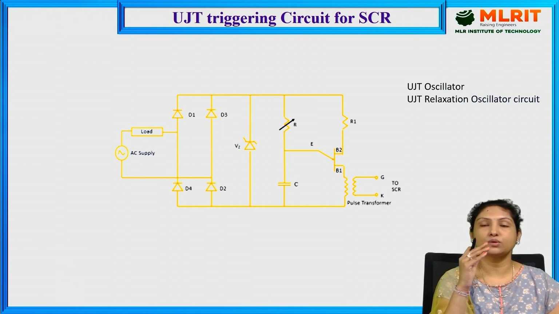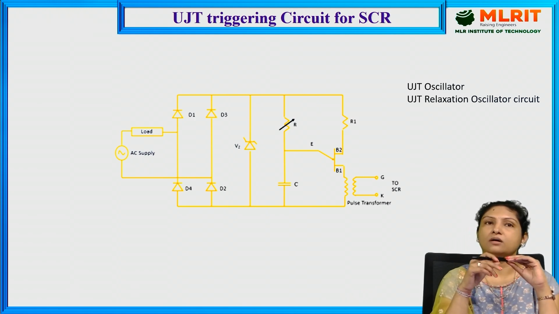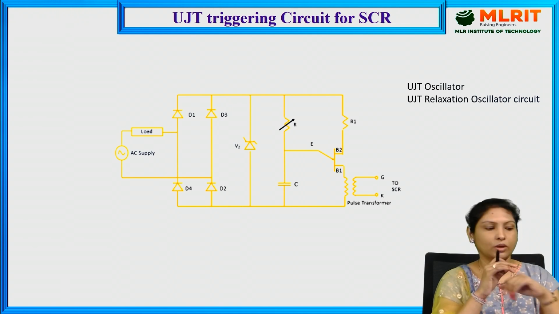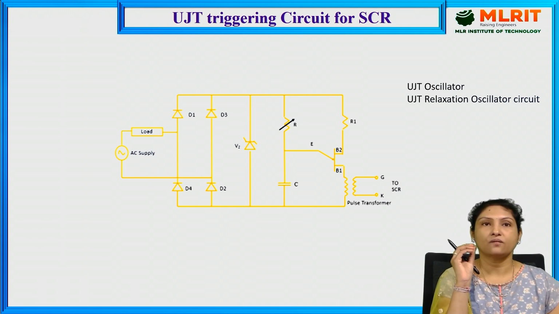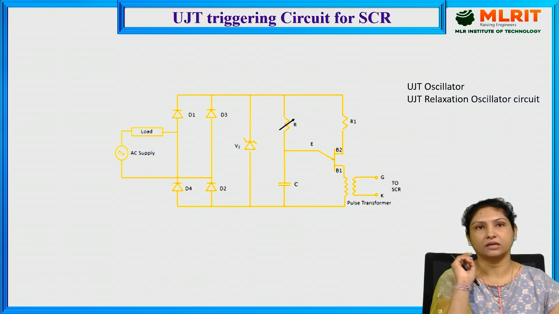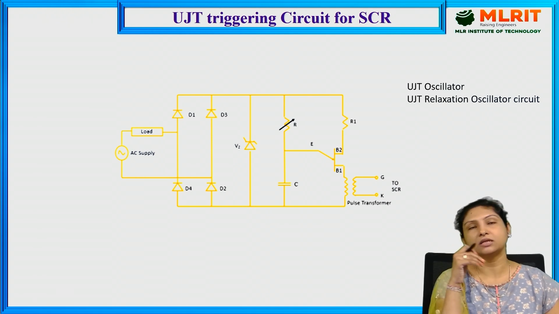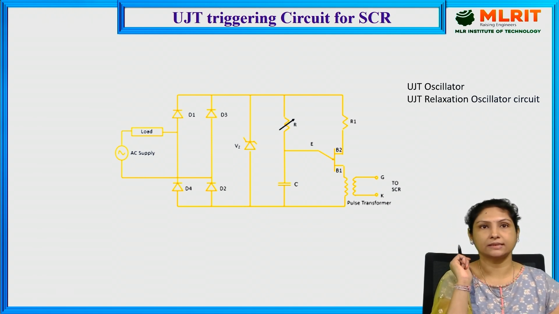We can also make use of other methods like RC triggering, but this is most popular when compared to the other methods. In RC triggering, the power loss will be high. So that is the reason we are going for the UJT triggering circuit.